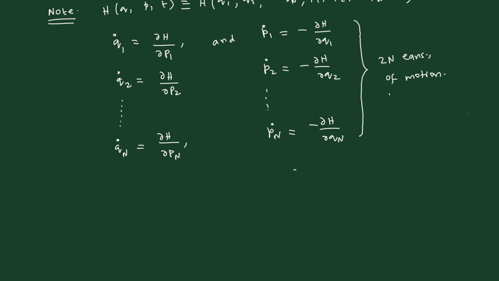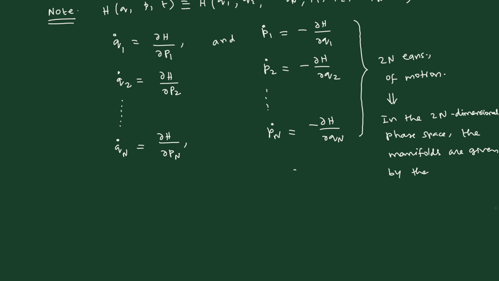Which means, and this is another important conclusion, that in the 2n dimensional phase space, the manifolds are given by their solutions.